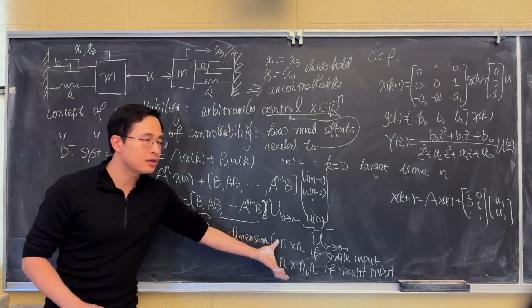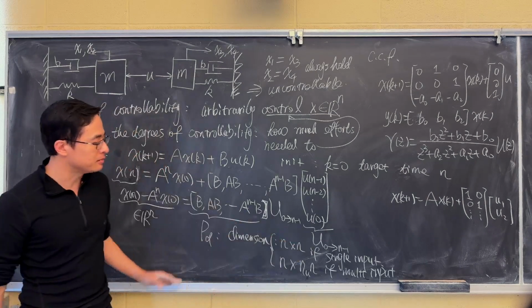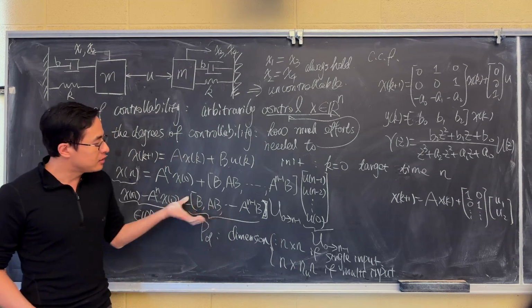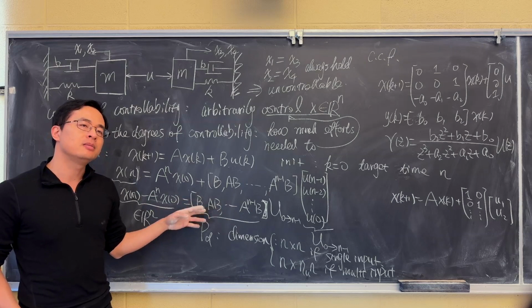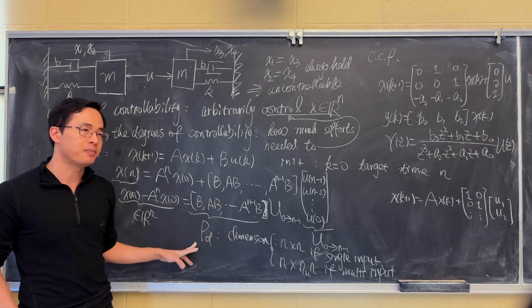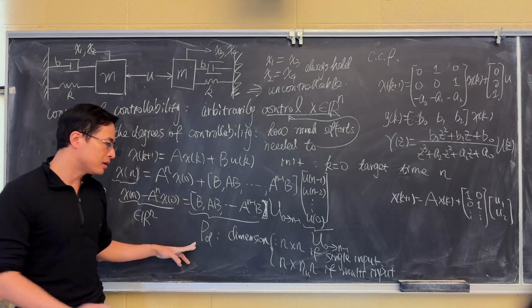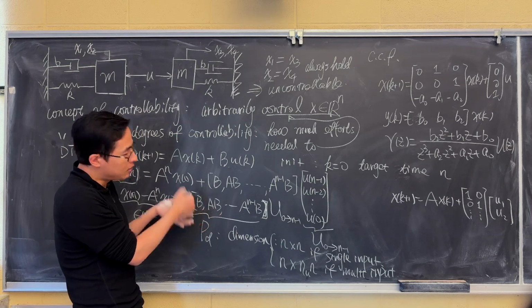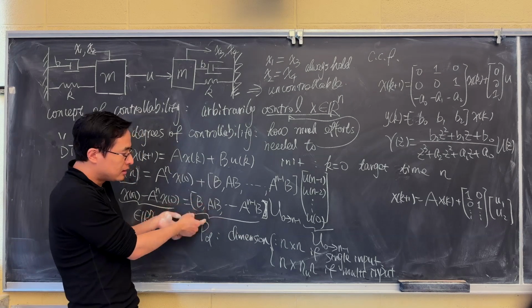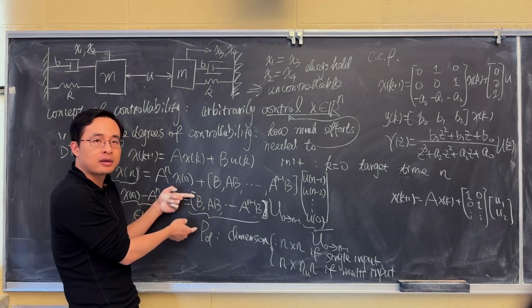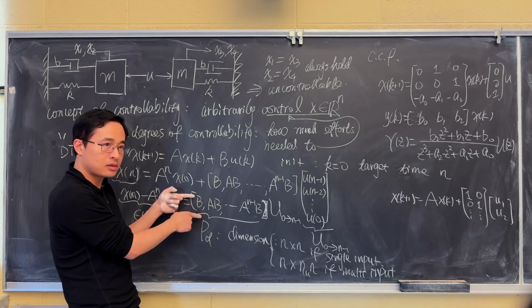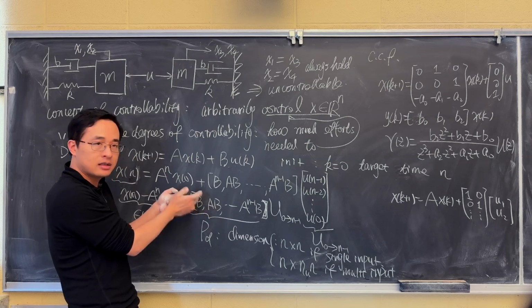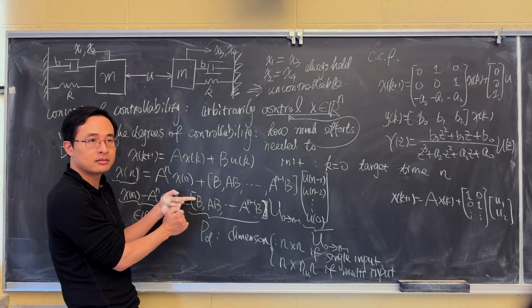Both conditions, whether single input or multi-input, can be summarized in the same conclusion: you have to be able to find n linearly independent columns in this matrix P_D. In other words, the rank of this matrix has to be n, or it has to have full row rank. It has n rows, and if the rank is n, that means it's full row rank.